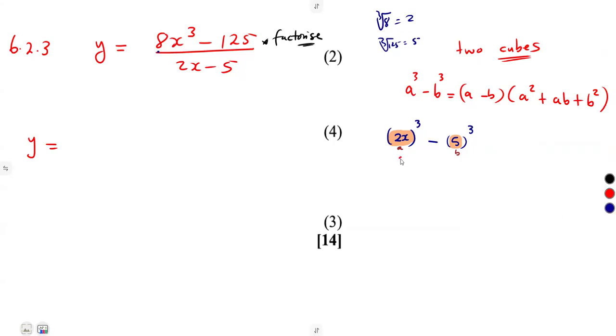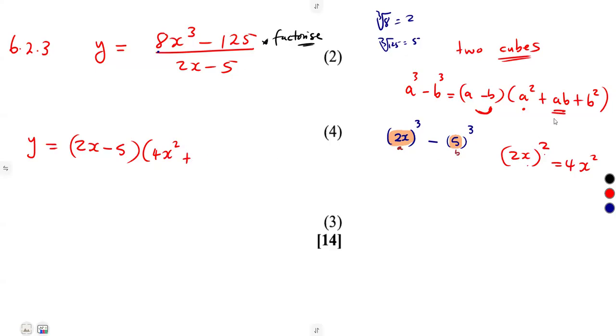So A is 2x, minus B, our B is 5, into a bracket: A squared plus AB plus B squared. Our A is 2x, but it's A squared, so (2x) squared. You must square that. 2 to the exponent of 2 is 4, x to the exponent of 2, x squared. So it gives us 4x squared.